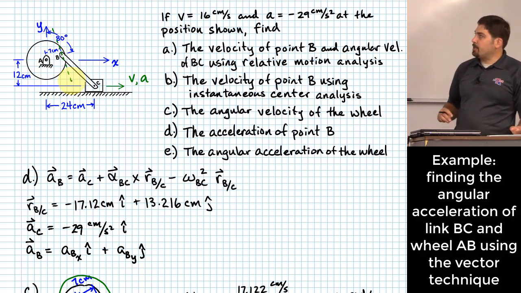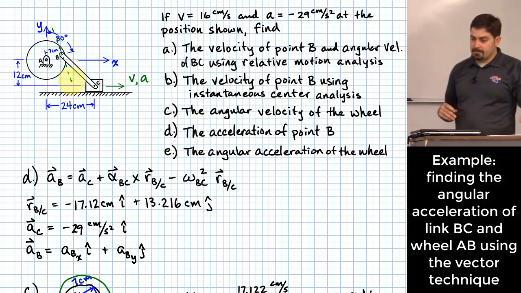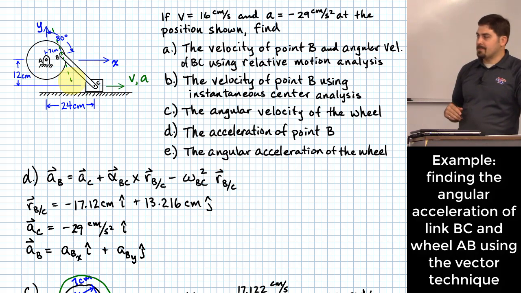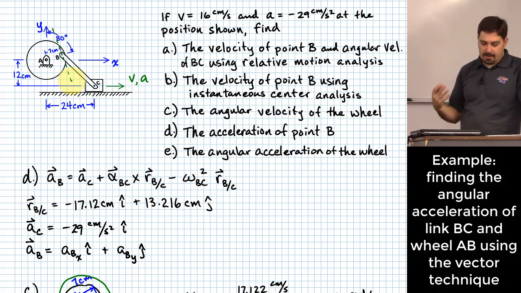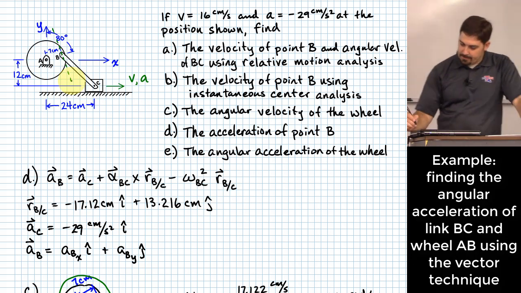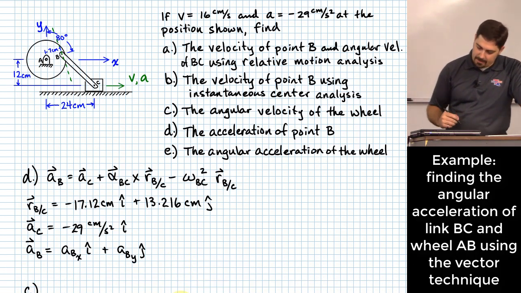The problem is I don't have a relationship established between the two components of acceleration just because I happen to know where that point is. So at this point, that's as good as I can do. I have two components for my acceleration at B until I maybe work on that a little bit more. So I'll leave that alone for just a second.